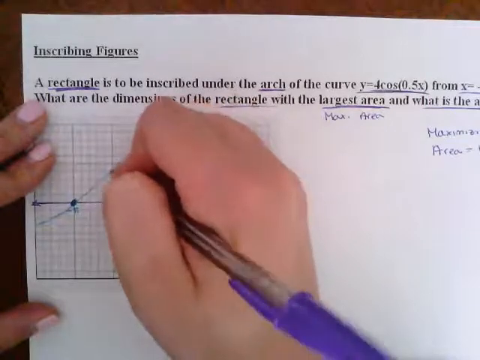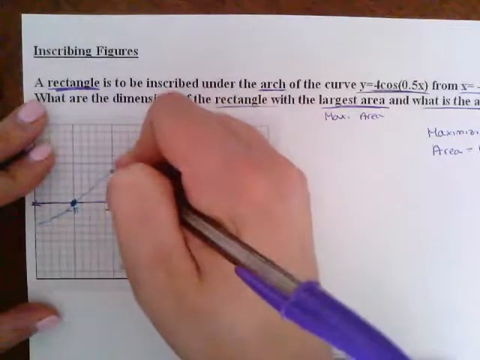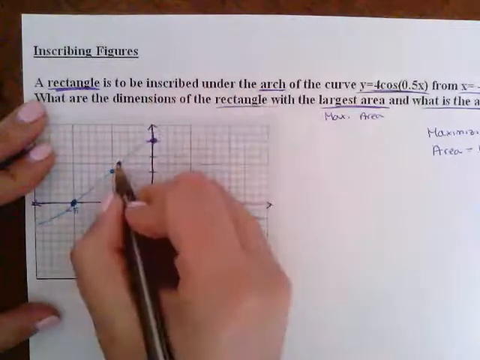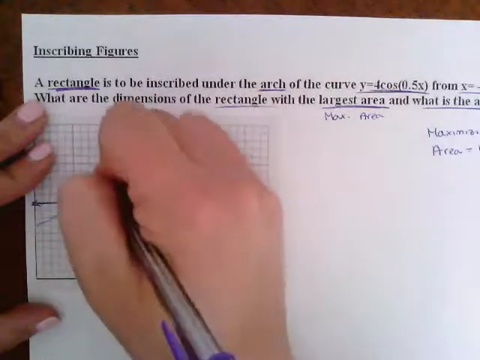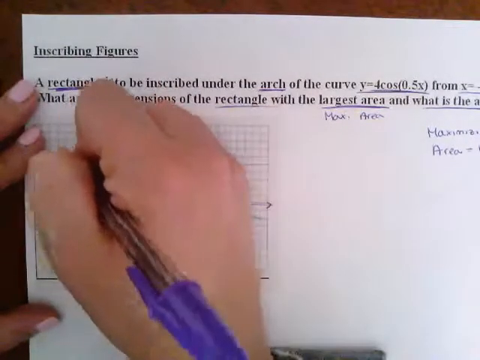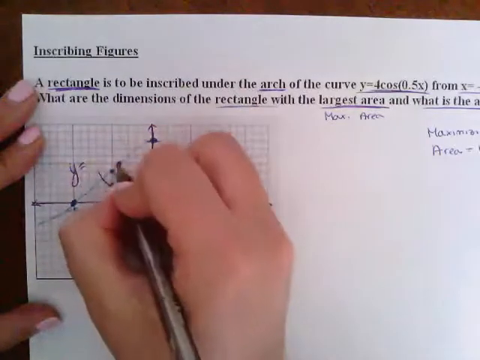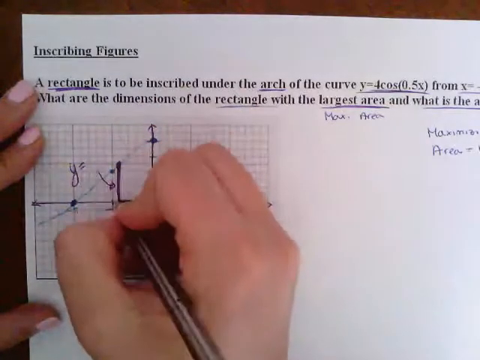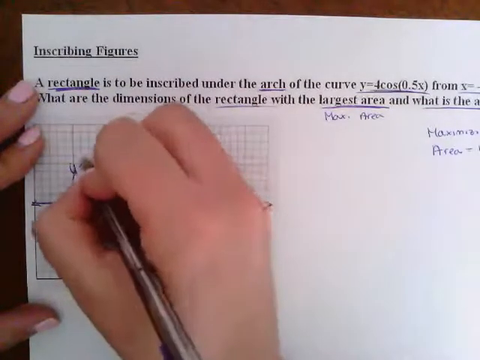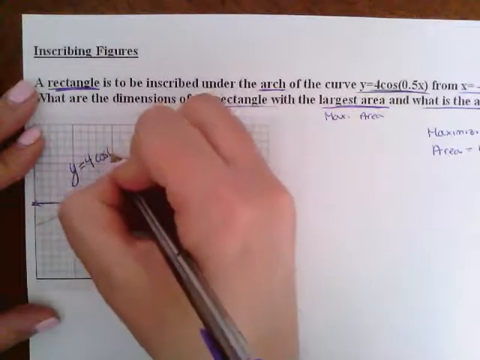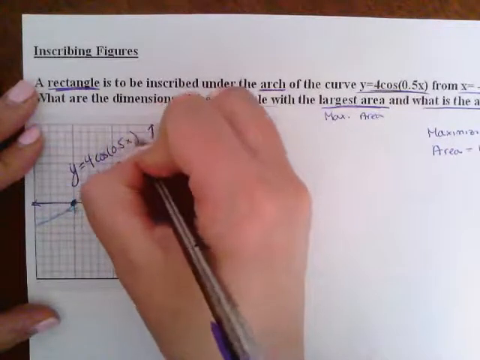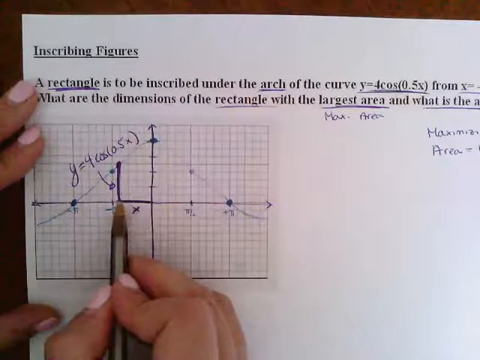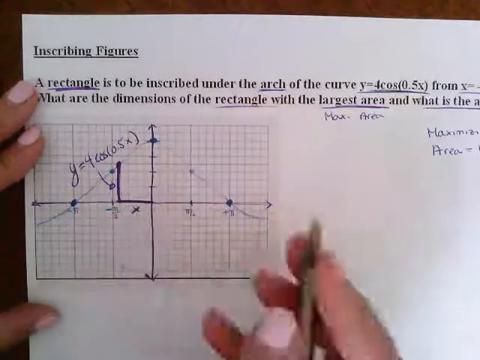And honestly, I know what the height is. The height, or y, is always going to be touching that curve. So the height is going to be right on 4 cosine of 0.5x, depending on what this x is, but I don't know what that x is.